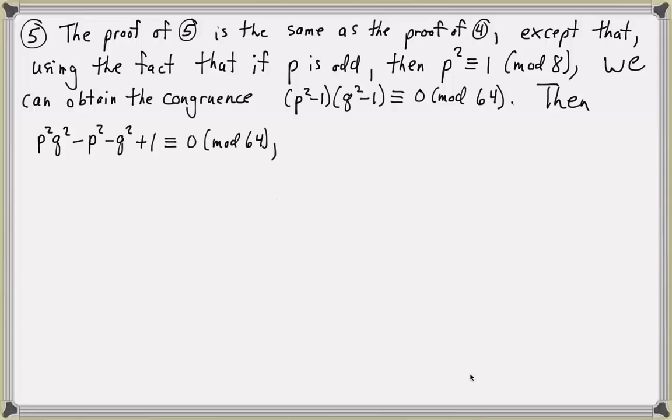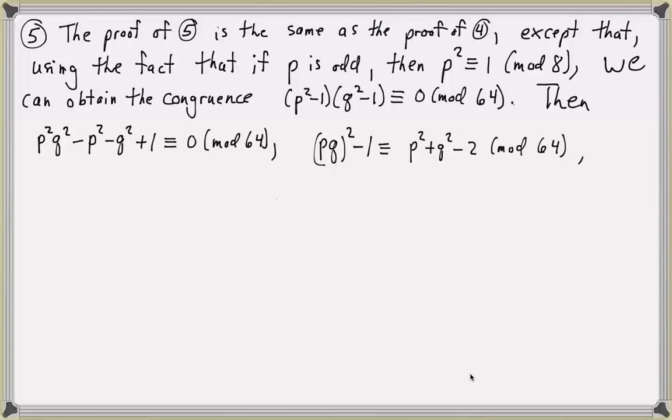And by rearranging this, we get p times q, the quantity squared, minus 1 will therefore be congruent to p squared plus q squared minus 2 mod 64.